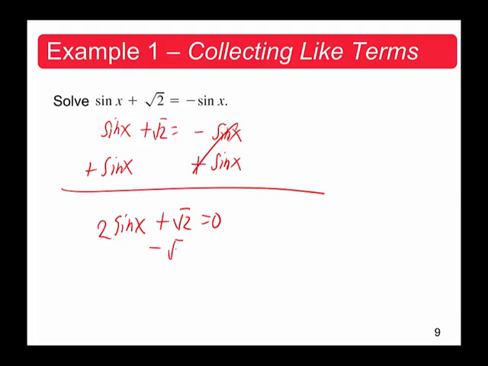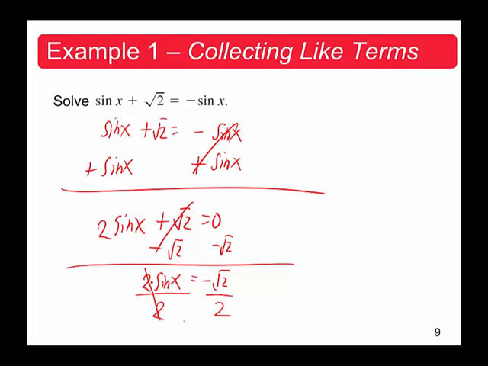Now subtract radical 2, isolating the trigonometric function. So we have 2 times sine x equal to negative radical 2. Divide both sides by 2, and you get sine x equal to negative radical 2 over 2. Now we're going to draw the unit circle.